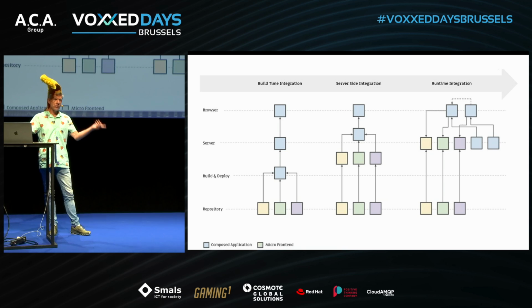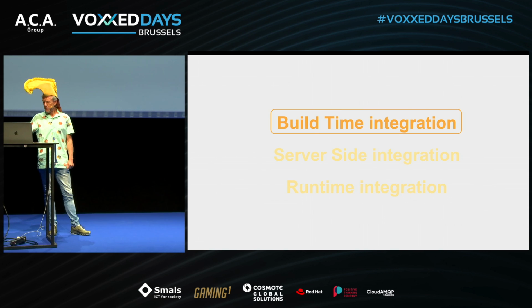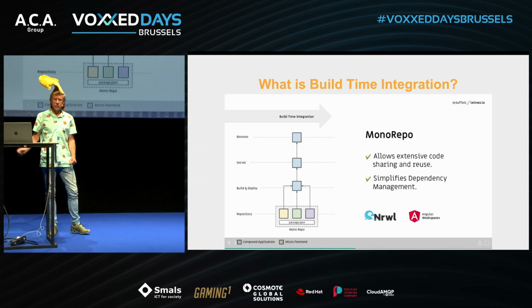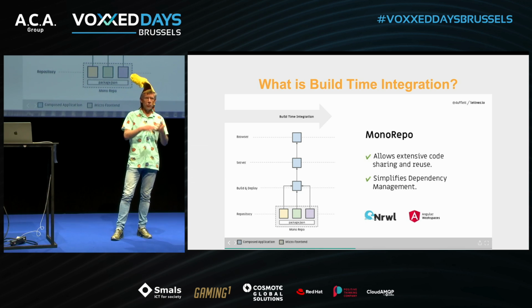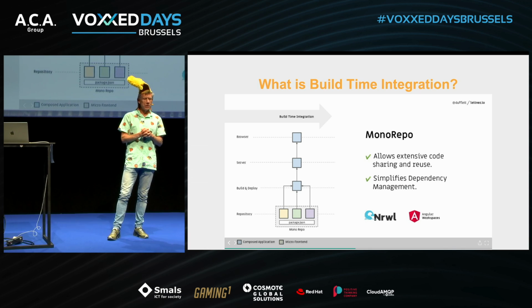I mainly focused in this talk on runtime integration, and how we do that with Webpack Module Federation. For build time integration, you can also use a monorepo. A monorepo is one repo for all your micro frontends and components together.